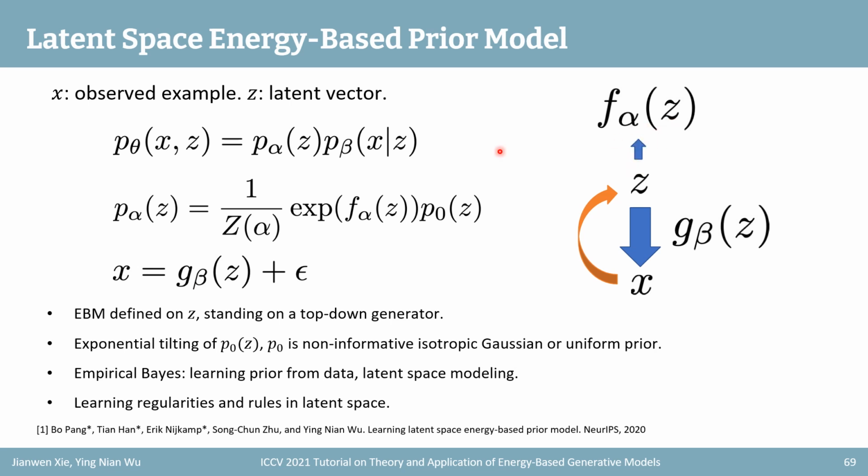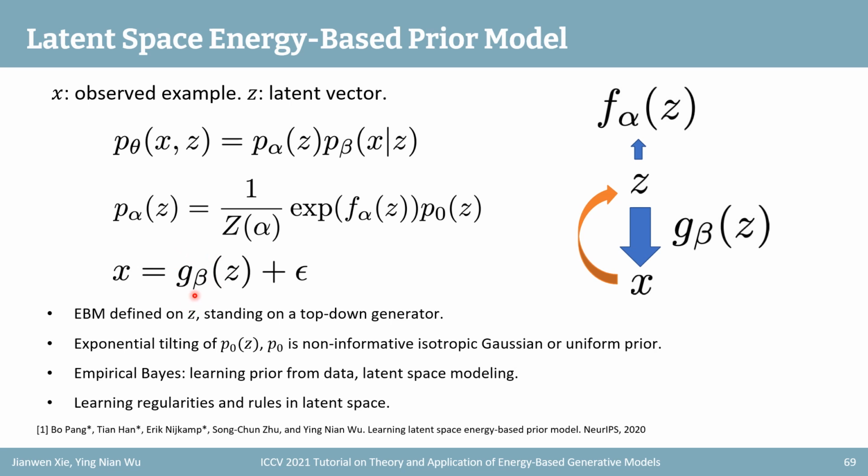Okay, and then we assume that the prior model for the latent Z follows an exponential tilting of the original non-informative prior model. Okay, and then Z still generates X through this G, the generator top-down mapping.